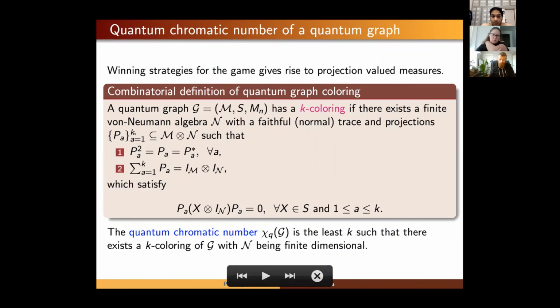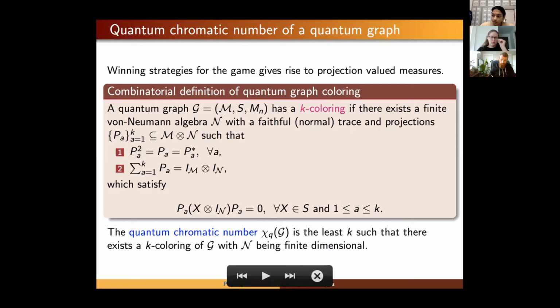And then there are projections living in M tensor N that have an annihilation property, that they annihilate any element coming from the operator system. The least number of projections that go into this PVM gives rise to the chromatic number. In particular, if N is just the complex numbers, then we get the classical chromatic number. If N is any finite dimensional algebra, then we get the quantum chromatic number. And if N is possibly infinite dimensional, then it gives the QC chromatic number.